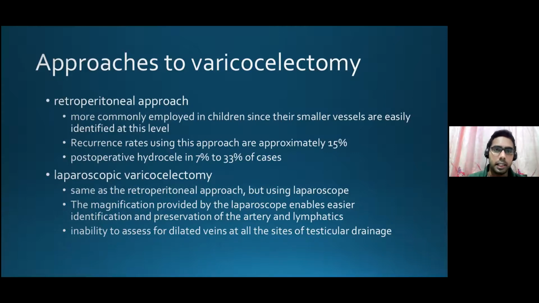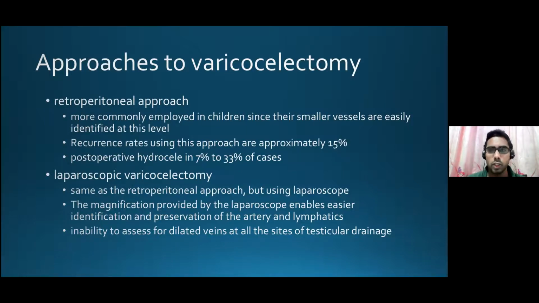But in this approach, though we ligate this testicular vein at a relatively higher level, there can still be veins communicating with the external spermatic veins and the cremasteric vein, and also the venae comitantes following the testicular artery are still preserved.